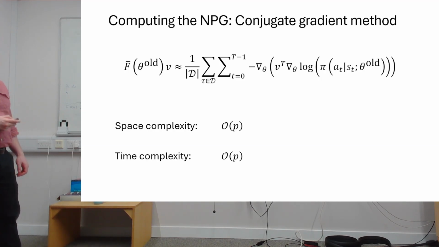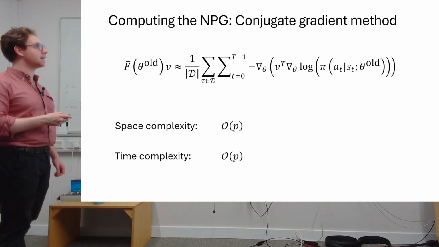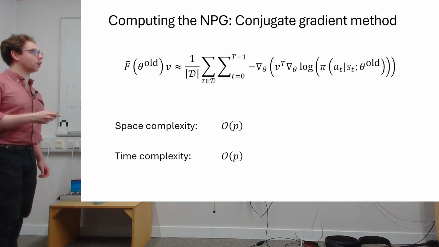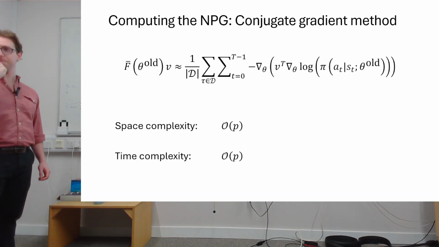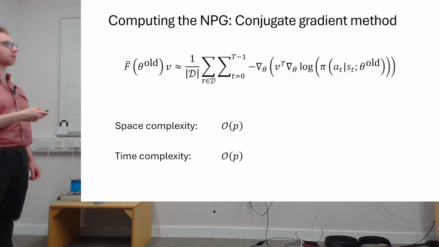The reason is that log pi is a function of the set of parameters, and I take its gradient. This gives me a vector where, if I put in a particular set of parameters, I now have a vector in parameter space.